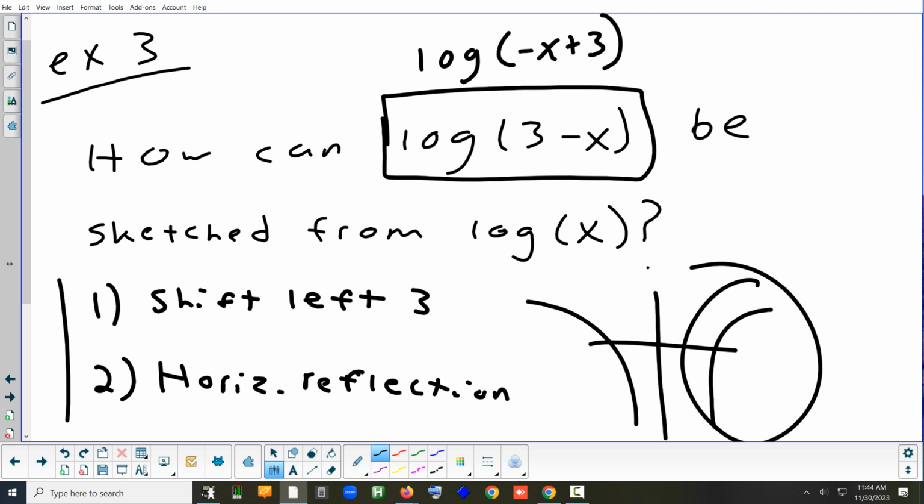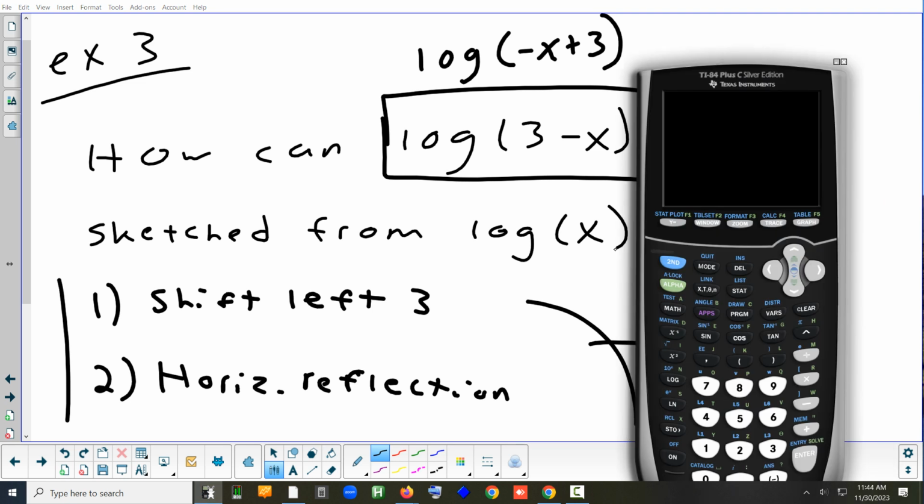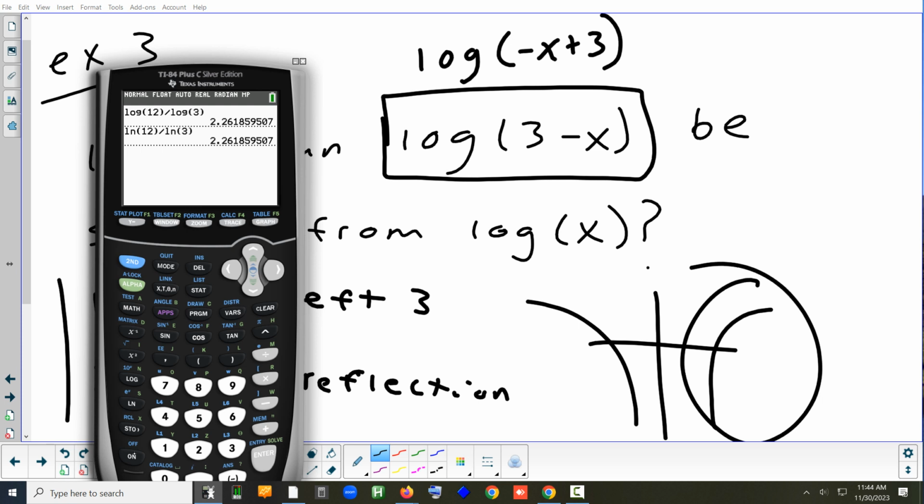Right? Let me just show you what it looks like. It's going to look like log of 3 minus x. Yeah, that's what it should look like, except this part should continue down.